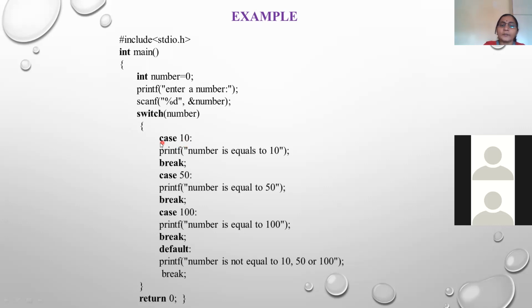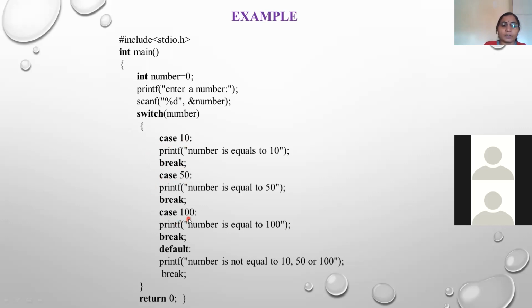So the computer transfers the control to the next case, that is case 50. Again a comparison, 12 equal to 50. Again there is no match because both values are not equal. So again the control is transferred to the next case, that is case 100.